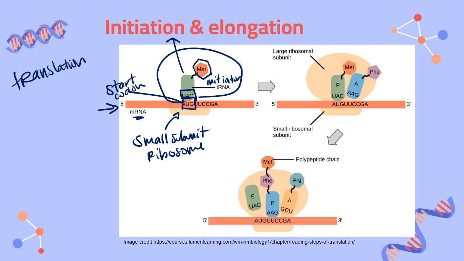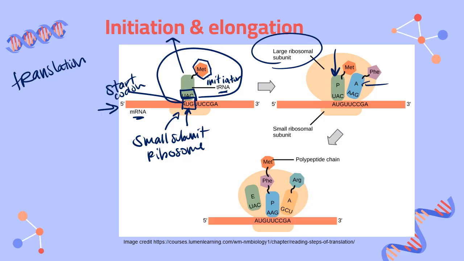Once we have this initiator transfer RNA bound to the start codon, then the large subunit of the ribosome will click into place. This initiator transfer RNA is now going to be in what we call the P site of that large subunit of the ribosome.